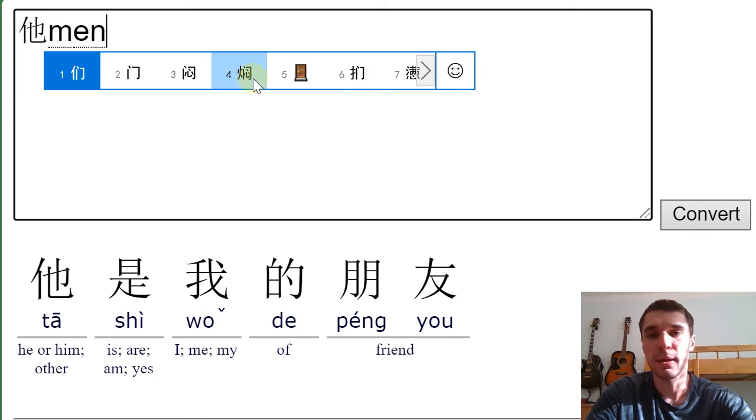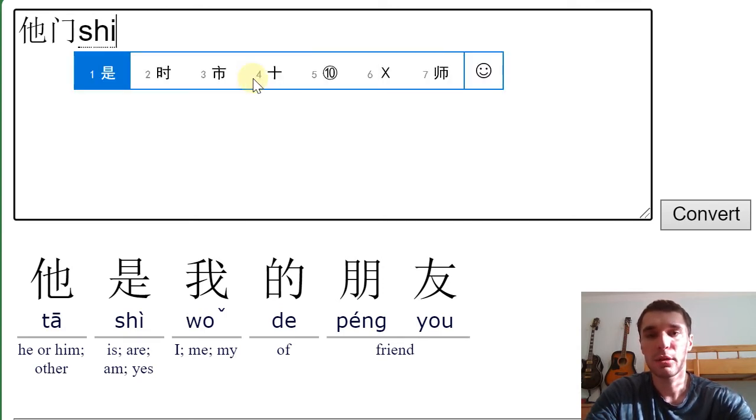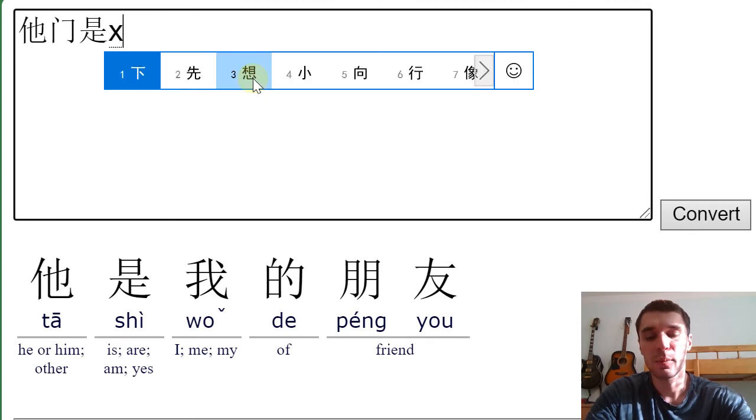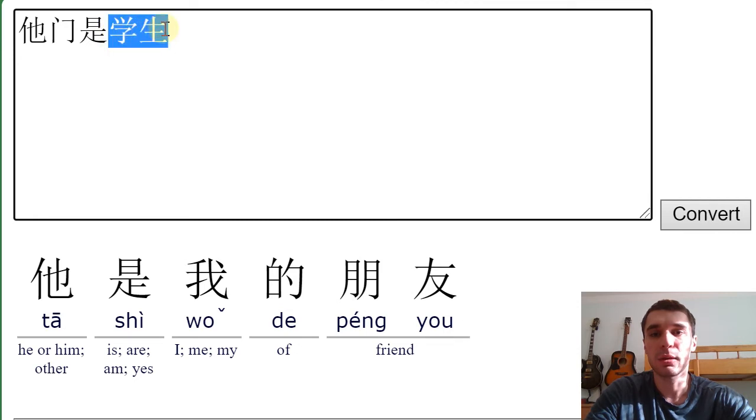Then I have to add 们. 他们, they. 他们是, they are. 学生: 学 means study, and the meaning of 生 is to be born, you know. So I connect 学 and 生 and we have student. 他们是学生, they are students, right?